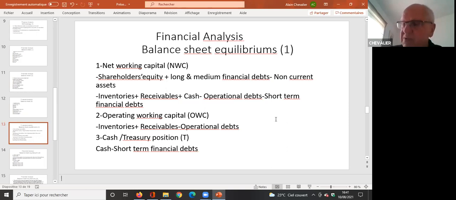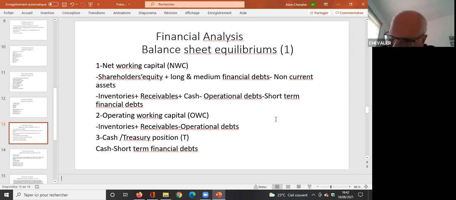Second, what about receivables? When you go on a Saturday, generally in a supermarket or hypermarket, you buy some articles. Generally, you pay at the end of the process.